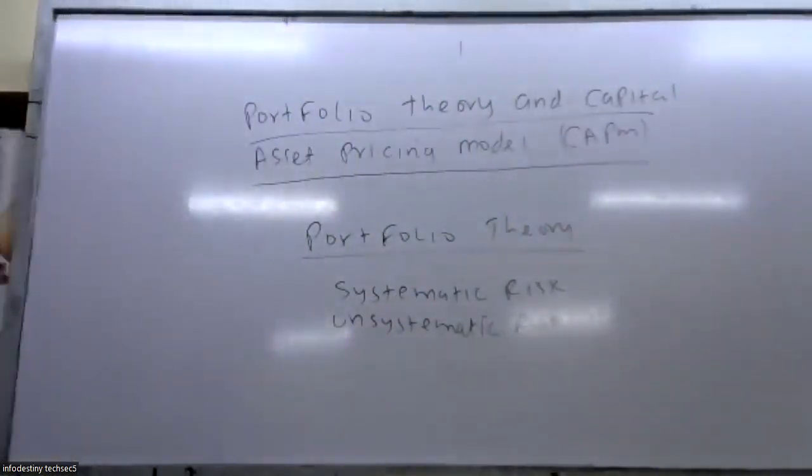So we can start with the A as the systematic risk.